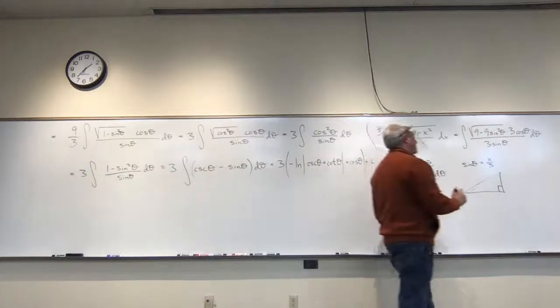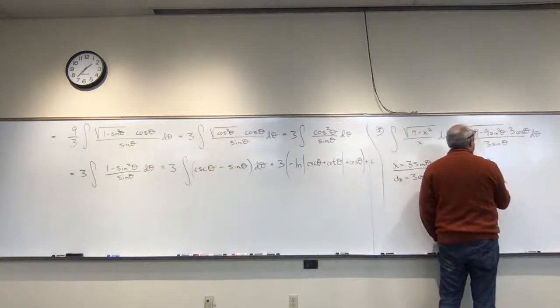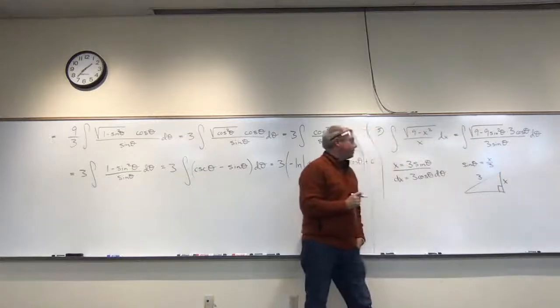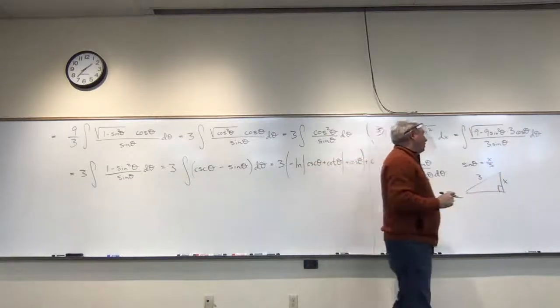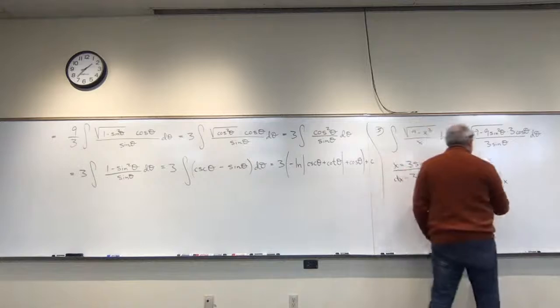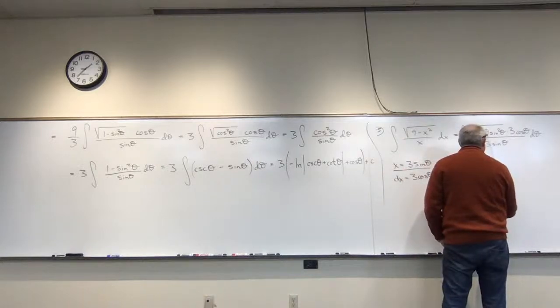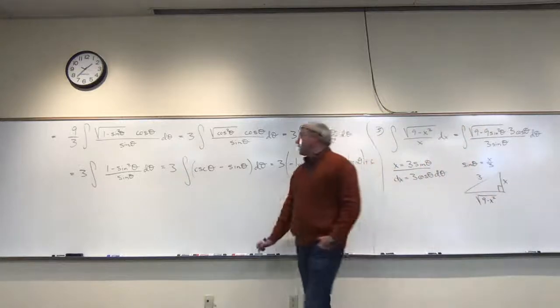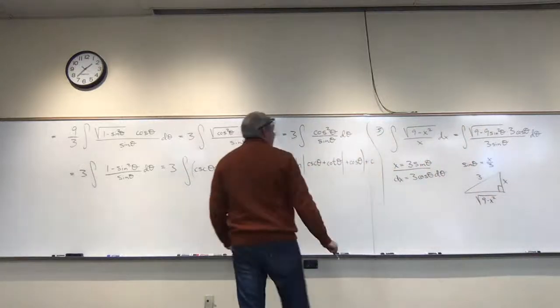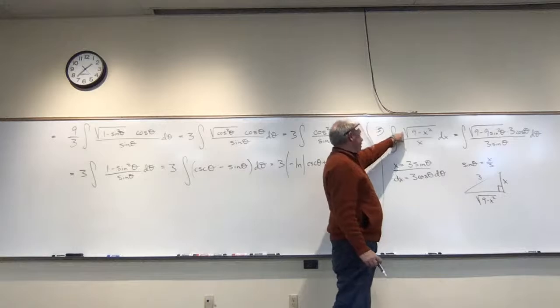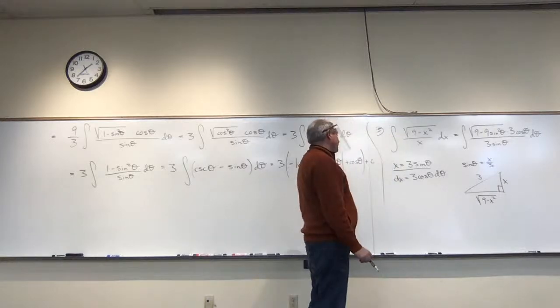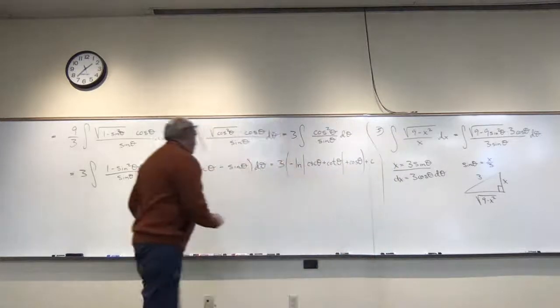So the opposite side is x. The hypotenuse is 3. And that means that the other side is the square root of 9 minus x squared, which is what we substituted for to begin with. Yeah, it's exactly right.